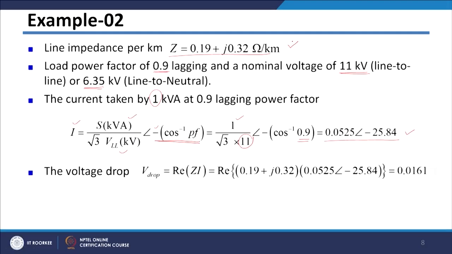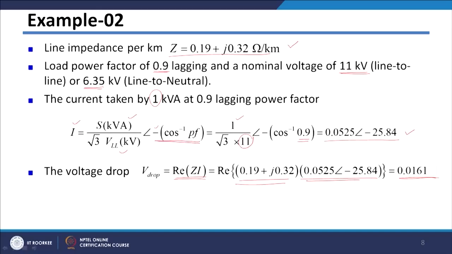So, in that case, voltage drop for 1 kVA load and 1 kilometer feeder, we can calculate, that is the real part of Z multiplied by I. Z is given, I is calculated. So, your voltage drop will be 0.0161.